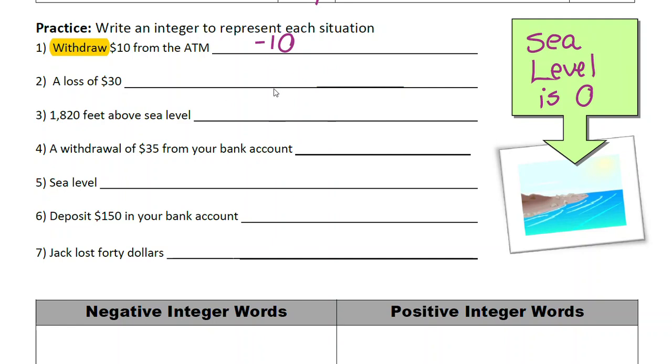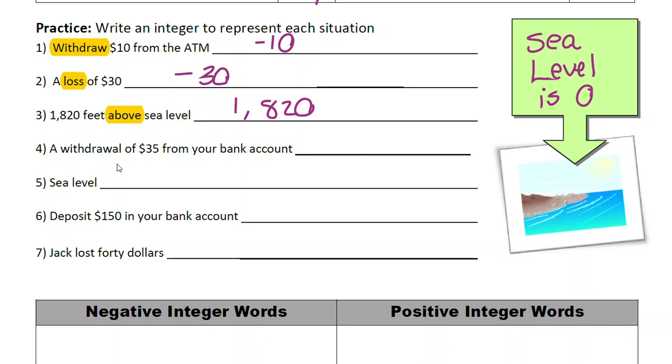So that's -10. If I have a loss, loss is my key word there, of $30. So I'm losing $30. So it's -30. I have 1,820 feet above sea level. So that's telling me it's a positive 1,820.